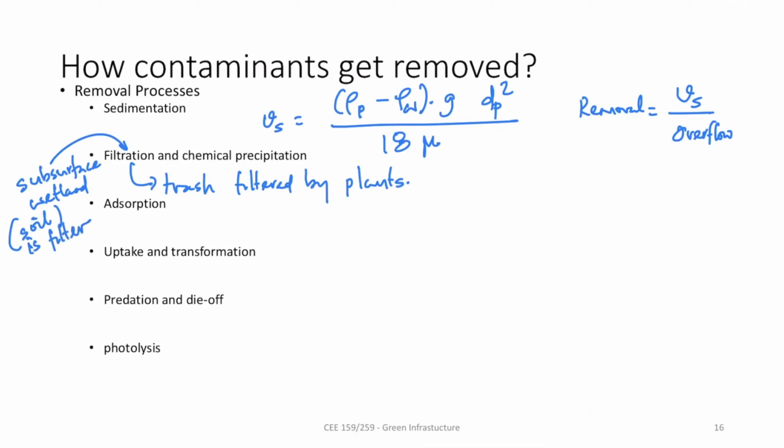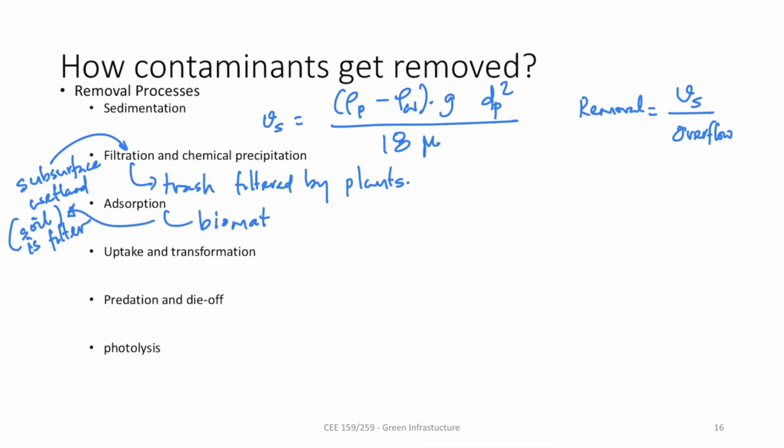Chemical precipitation is very unlikely, because that's where, if you have pH changes or a lot of salt, things can precipitate. Adsorption occurs at the sediment-water interface, and in a subsurface wetland it can adsorb to the soil too.